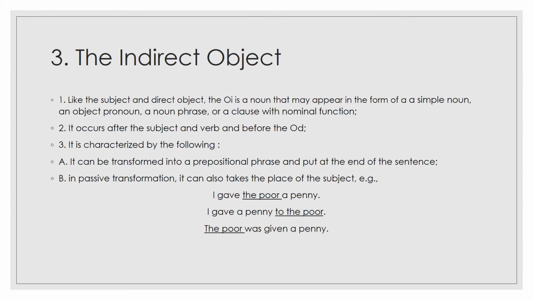It can be transformed into a prepositional phrase and postposed, or delayed, to the end of the sentence. We can say I gave a penny to the poor, and when we change the sentence into passive, the indirect object can be used instead of the subject. So we can say the poor was given a penny.